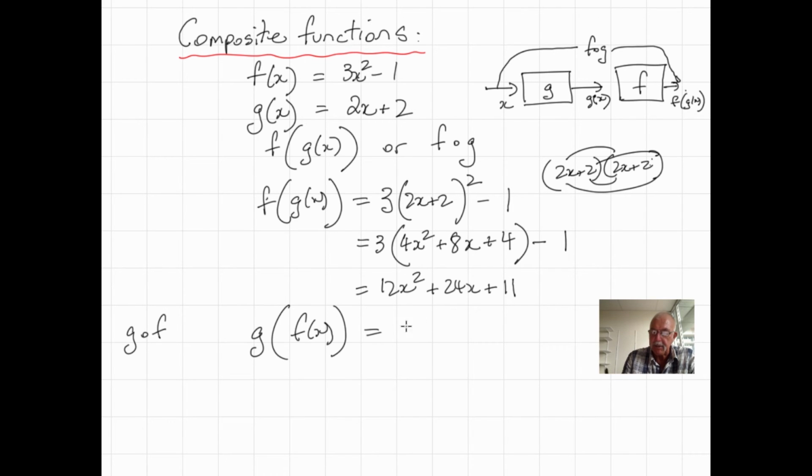Now the g function is 2 times something plus 2. Instead of that x, I simply write the f of x, which is 3x squared minus 1. That one's a little bit easier to calculate, because all we do is remove the brackets, and we get 6x squared minus 2 plus 2, which will be just equal to 6x squared.